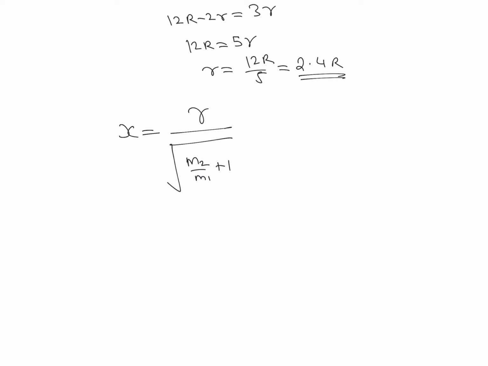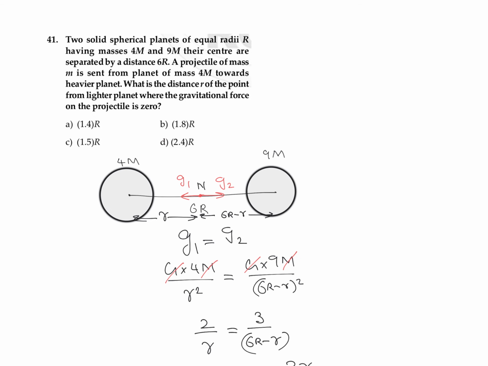Here x is the distance from mass m1 where we get the null point. So we can take the value of x as follows. Here small letter r represents the distance between the masses. According to this question, the distance between the masses is 6r.